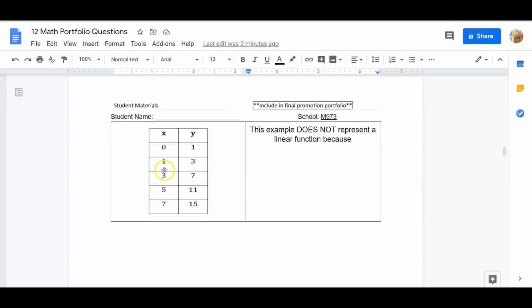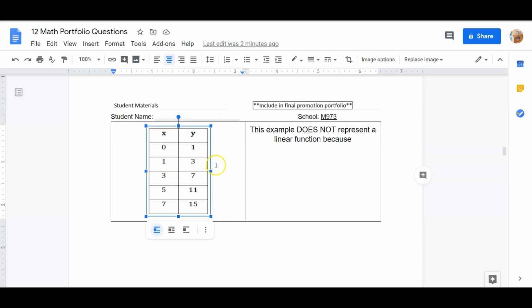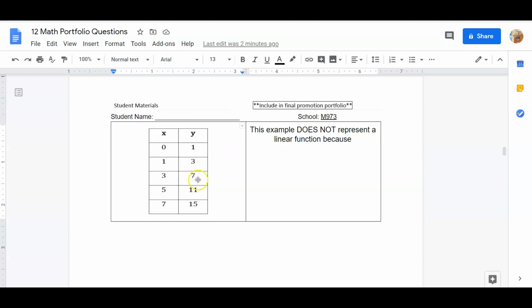So if something changes on this side, this needs to represent the same change. From 0 to 1 is 1, and from 1 to 3 is 2. So for every 1 we increase on x, we increase by 2 on y, right? Plus 1, plus 2. So if plus 1 is plus 2 here, then if I have plus 2 here, I should have plus 4.